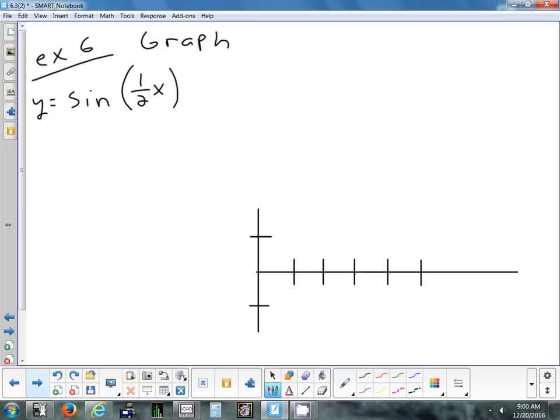Yep, because it would be 2 pi divided by a half, which is the same as 2 pi times 2. So, okay, the period is 4 pi. So technically, since the period is 4 pi, that tells me where I'm going to end. You don't have to do that first. Okay? But let's go through the method I showed you on the other page, and I'll show you. We are going to end up right at 4 pi for the last number. Okay, so we're going to take all our x values.